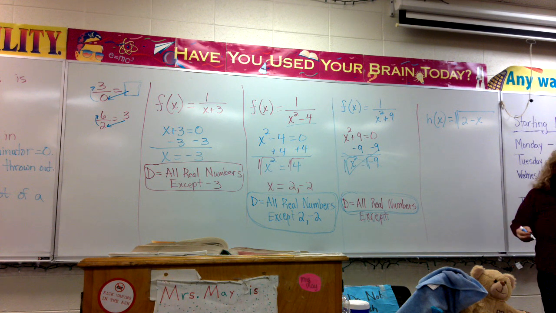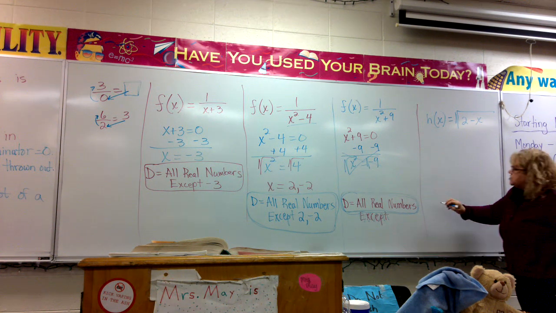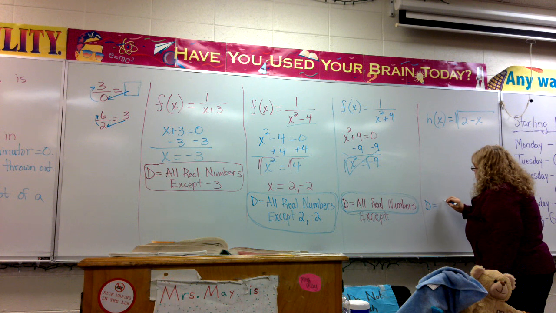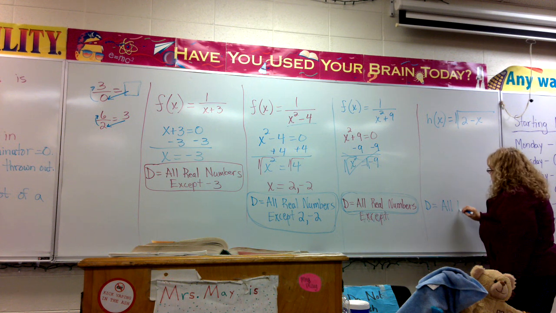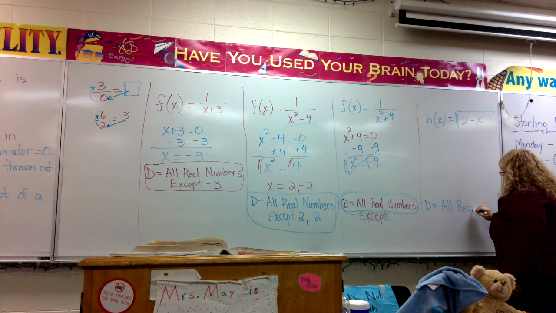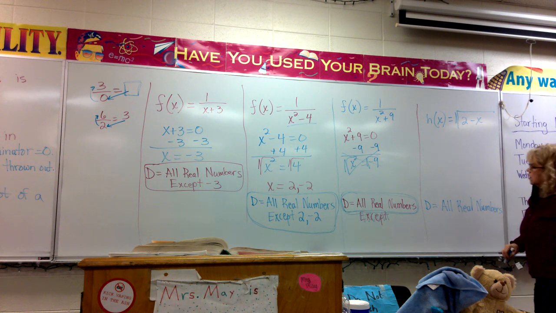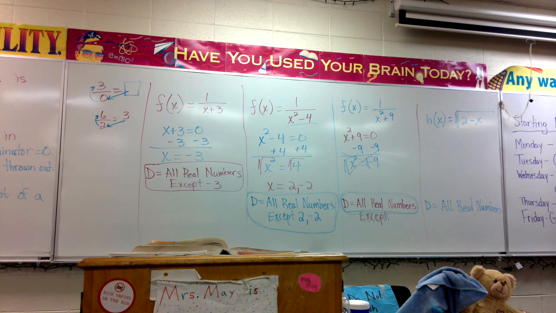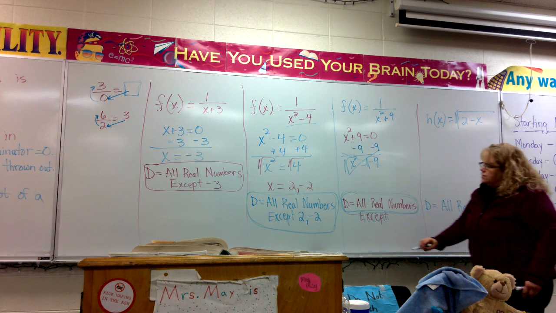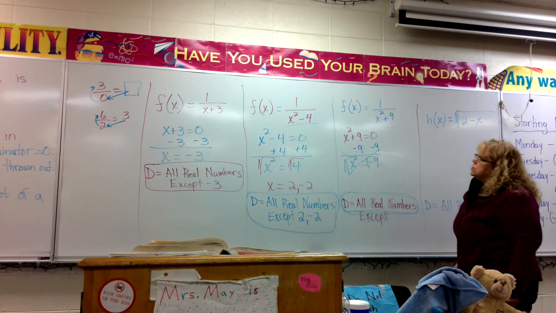And by the way, it's still going to be something like this. The domain equals all real numbers. But then we're going to have to specify, what about all real numbers? Well, all real numbers except 2 and negative 2.